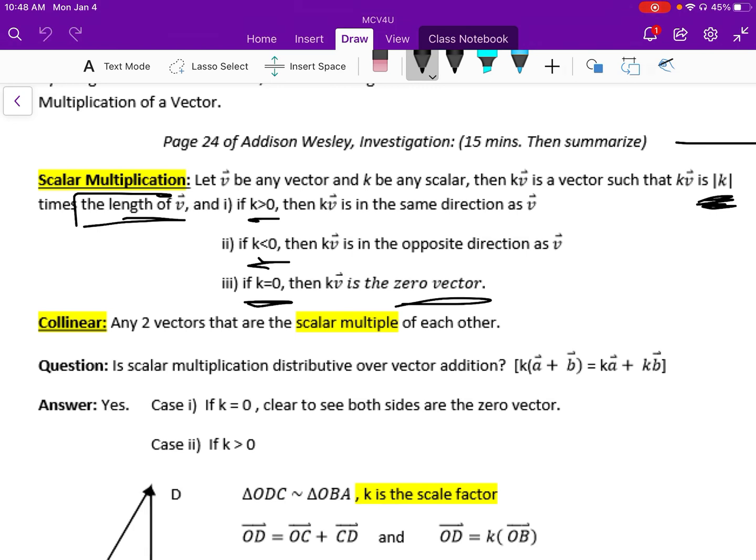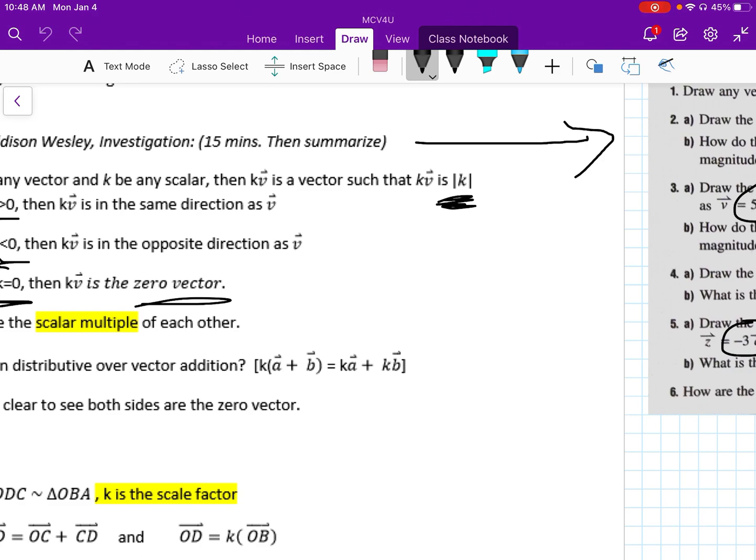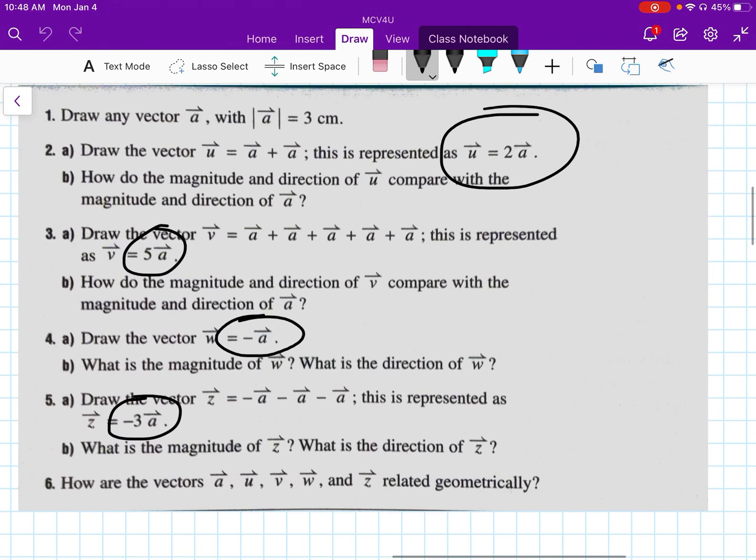Now, definition, collinear. Collinear just means that you have any 2 vectors that are scalar multiples of each other. We had a bunch of scalar multiples in this investigation here because vector u is 2 times vector a.